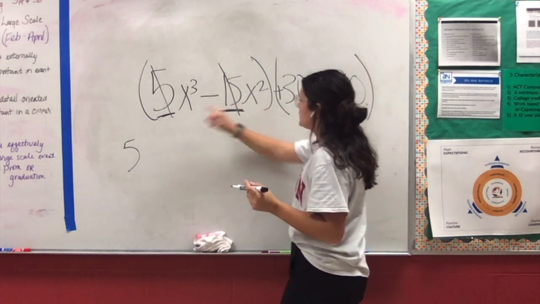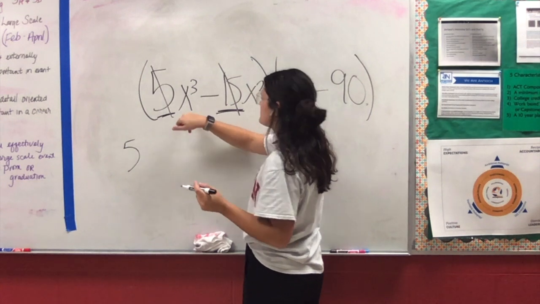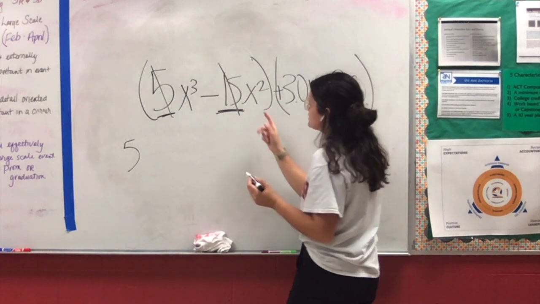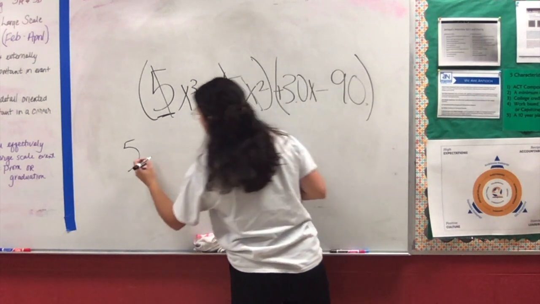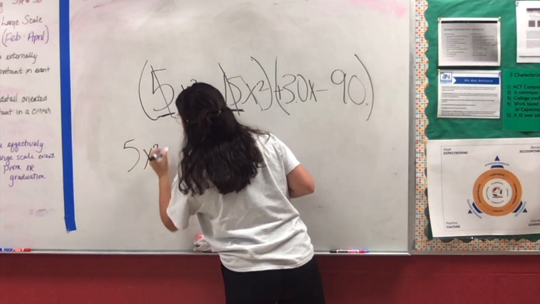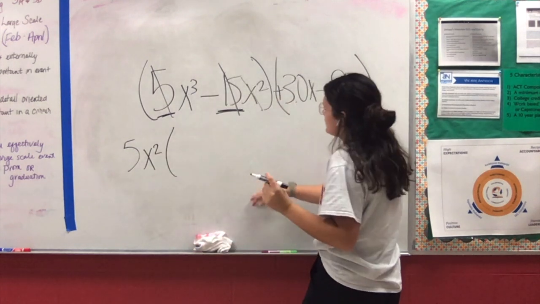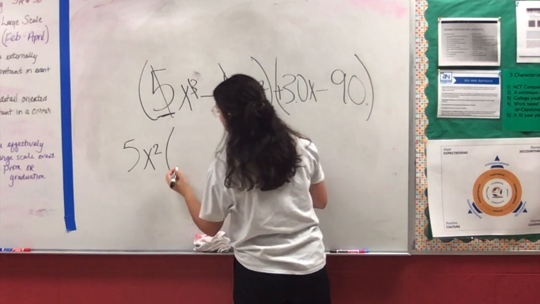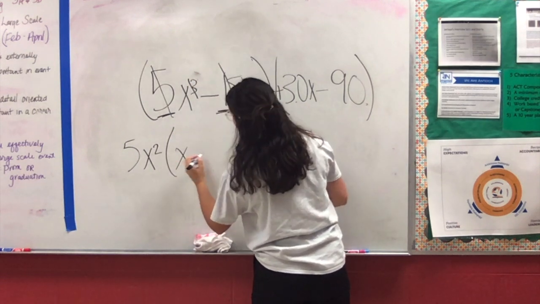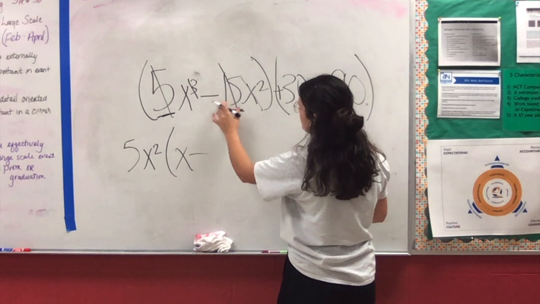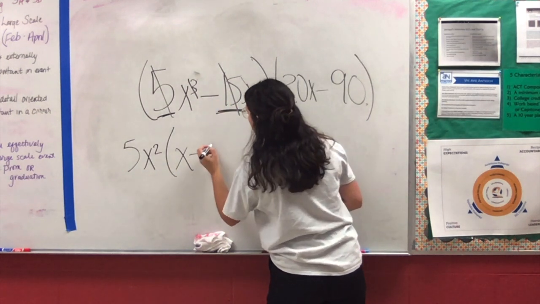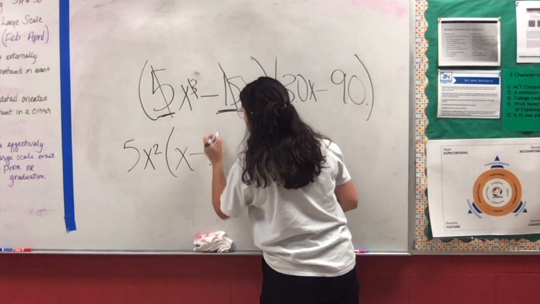So x squared can go into x cubed, but x cubed cannot go into x squared because there's one more x here. So let's factor out x squared, and that leaves us with 1x minus 15 divided by 5, which gives us x minus 3.